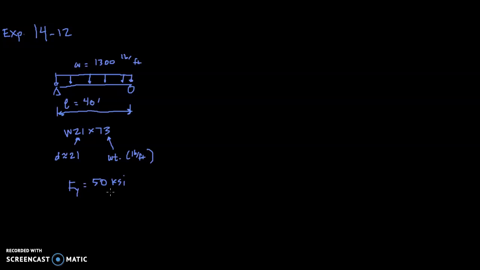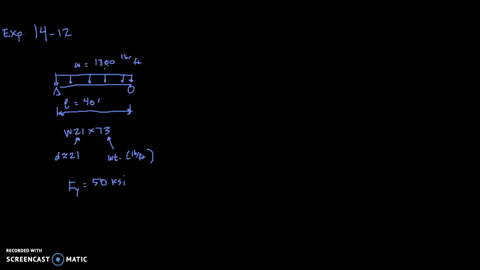We do want to include the self-weight of the beam in our analysis, and we want to determine if this beam is adequate according to AISC specifications. We want to check for both moment and shear.